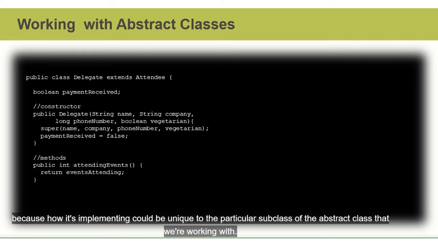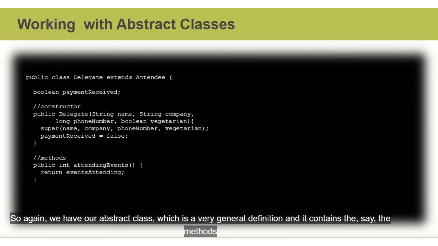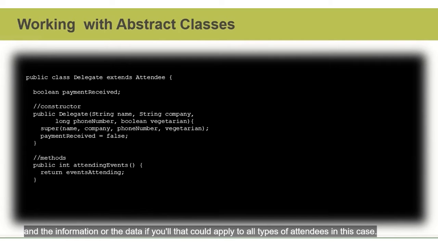So again, we have our abstract class, which is a very general definition, and it contains the methods and the information or the data, if you will, that could apply to all types of attendees in this case. And so we have a delegate class that is extending attendee.